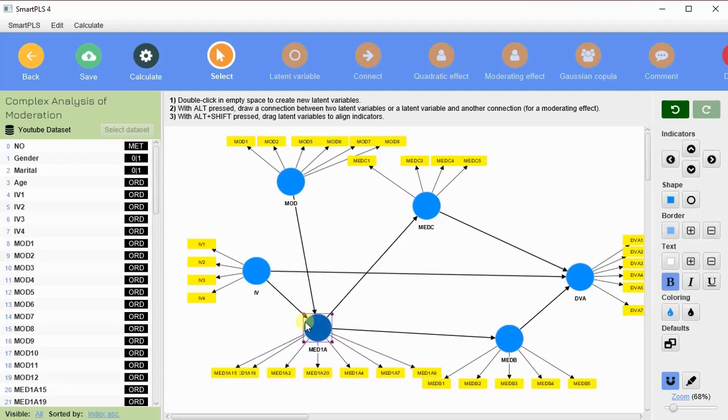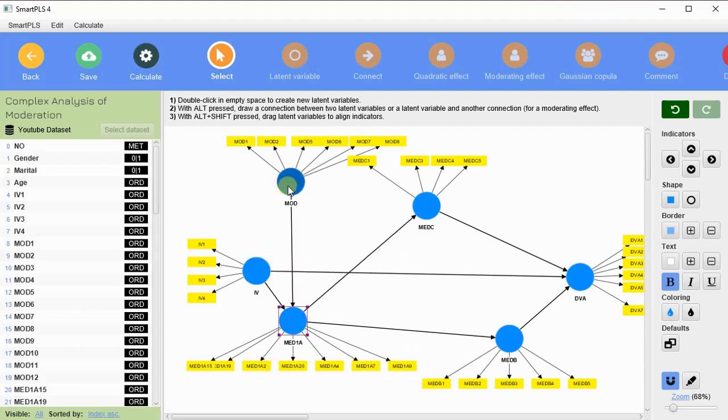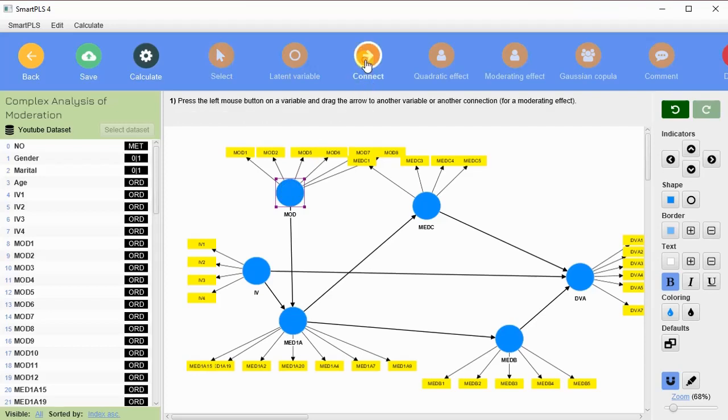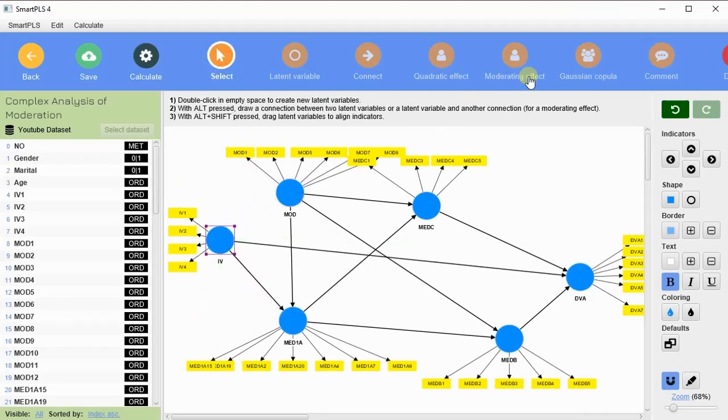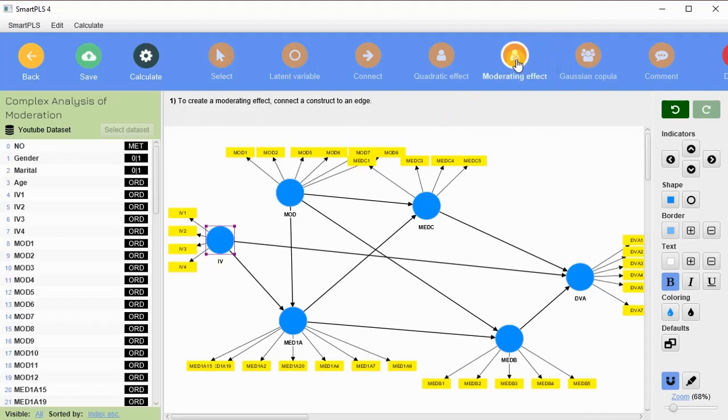This moderator is actually working, has a direct effect on mediator one, but we can draw its effect on the second mediator and third mediator, and for drawing the moderating effect, I think it would be more complex, but let's do it.